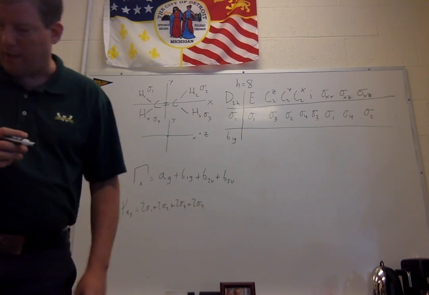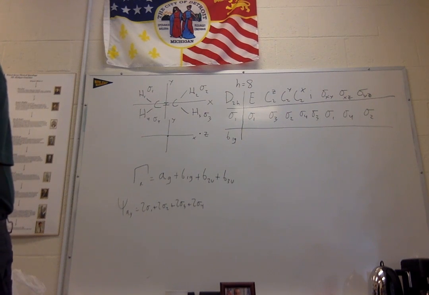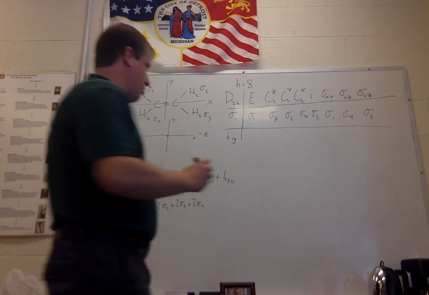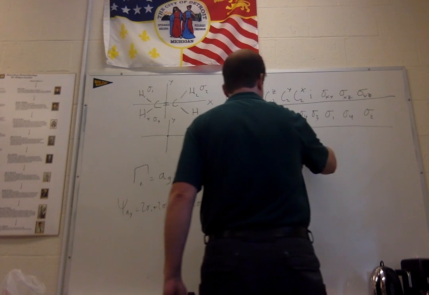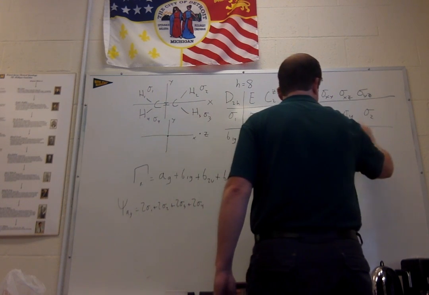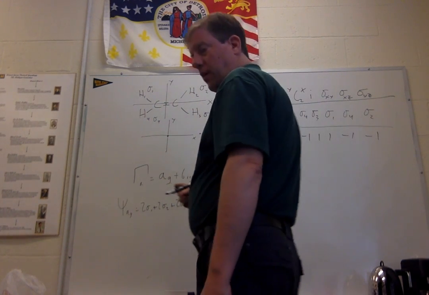And so the characters for that are 1, 1, minus 1, minus 1. 1, 1, minus 1, minus 1. I read that directly off the character table.